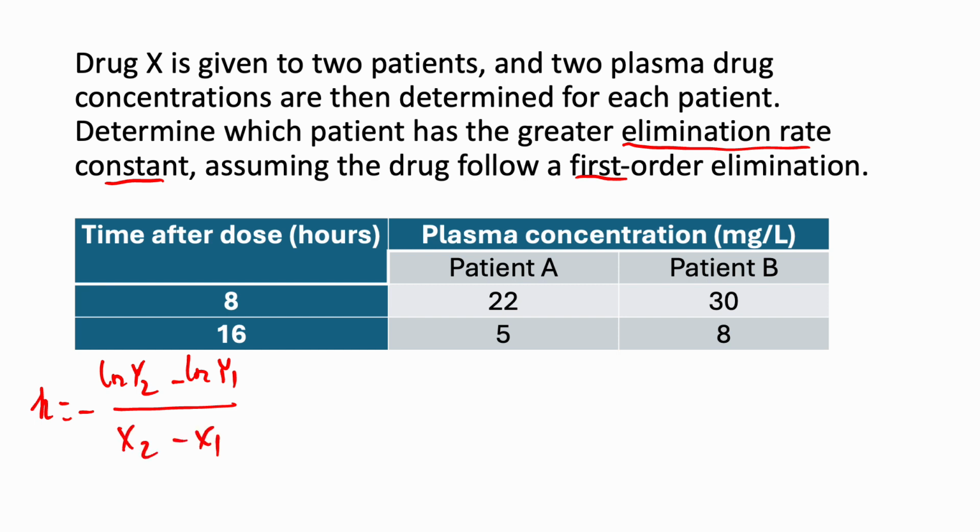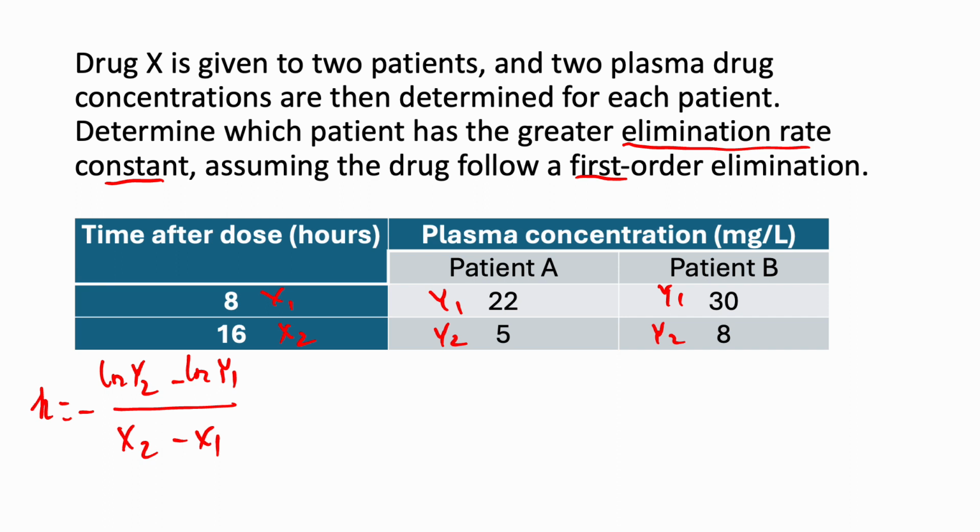Here is x1, then I have y1 for patient A; x2, I have y2 for patient A. Similarly, I will have y1 for patient B and y2 for patient B. So based on the set of data, I will calculate the elimination rate constant of each patient.